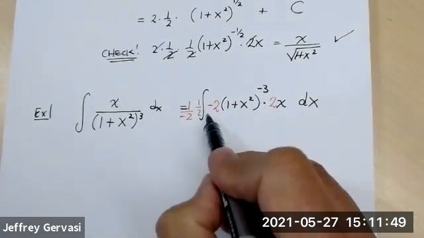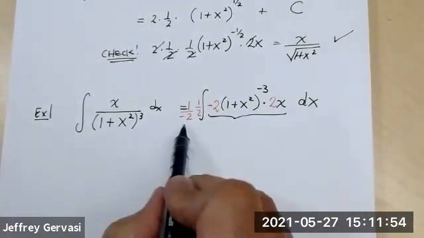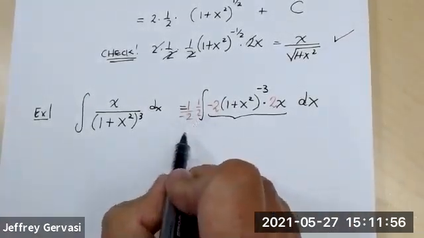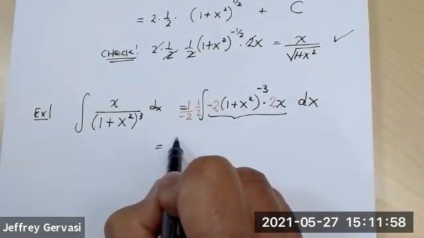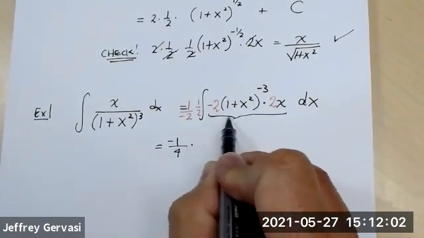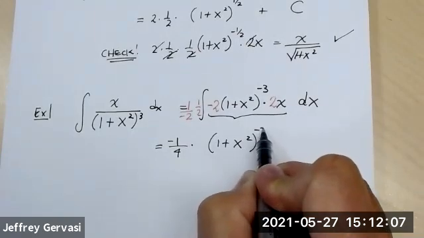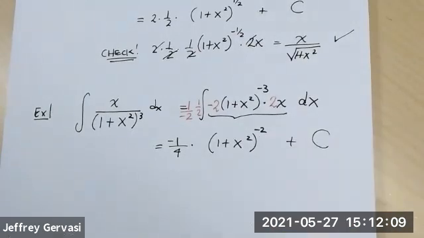Okay, now this is a perfect chain rule, the special case. Okay, so I've got the 1 over -2, the 1 over 2, which is 1 over negative, let's just make it -1/4. Okay, but otherwise, all of this came from finding the derivative of 1 plus x squared to the -2, and then plus c.